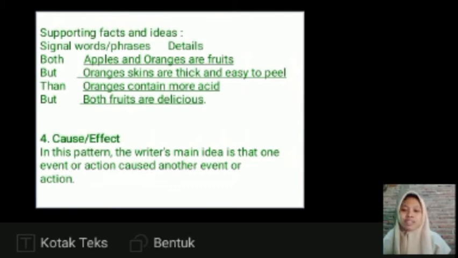Paragraph structure as cause and effect explains reasons why something happened, or the effects of something. This paragraph can be ordered as causes and effects or effects and then causes. The cause and effect text structure is generally used in expository and persuasive writing modes.